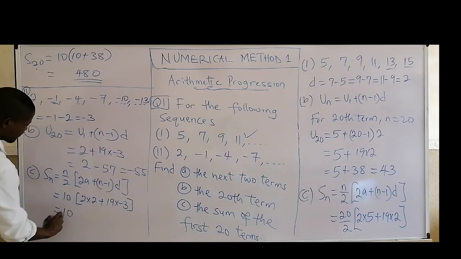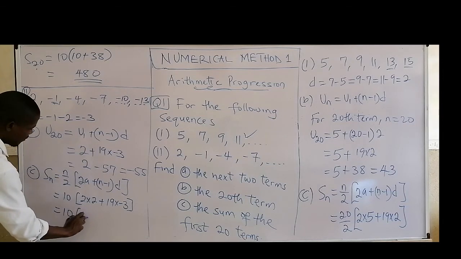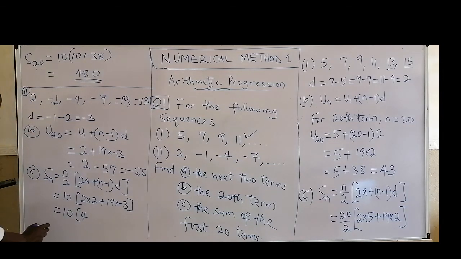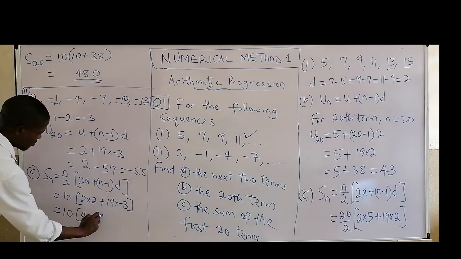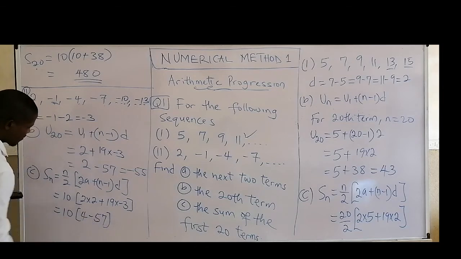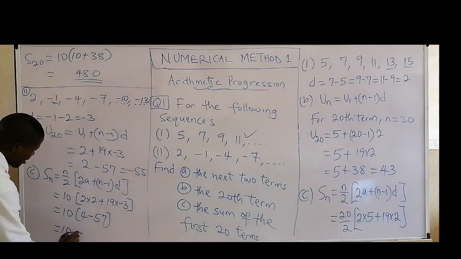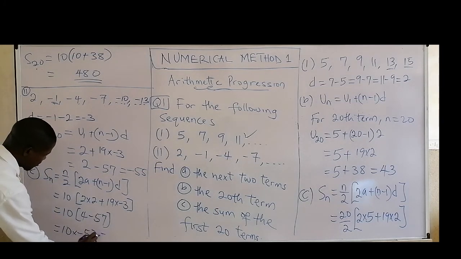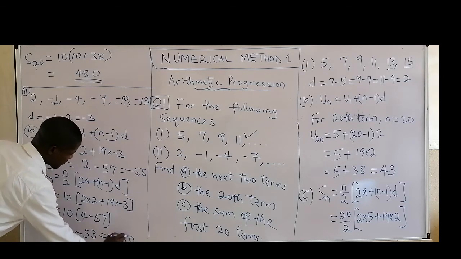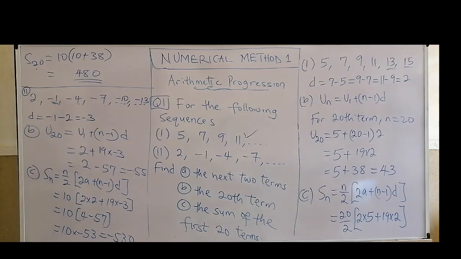And that will be equal to 10 into bracket 4 minus 57. That's 10 times minus 53. So that's minus 530. So that ends this question.